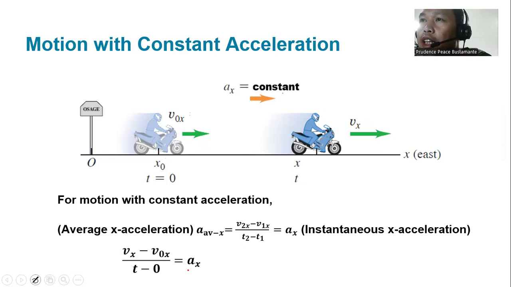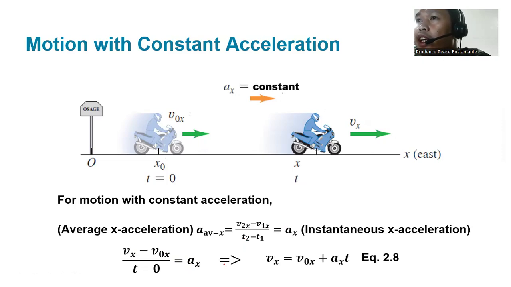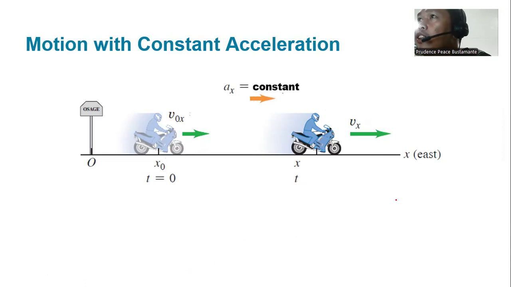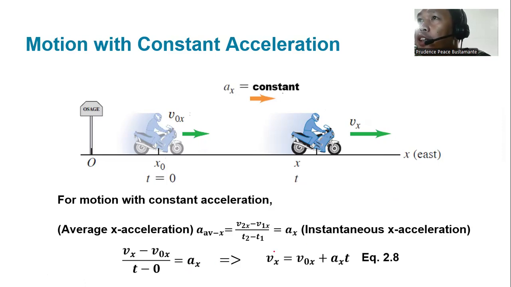This is equal to the acceleration times time, because this came from this equation. So this becomes our first kinematics equation, where the final velocity is equal to the initial velocity plus the acceleration times time. This is true as long as the acceleration is constant.